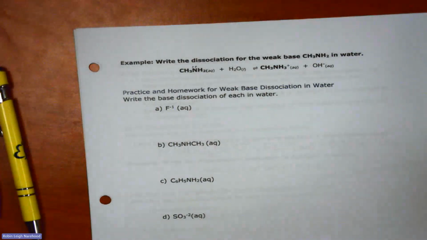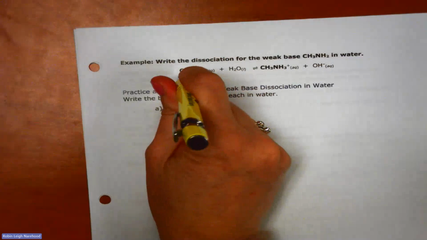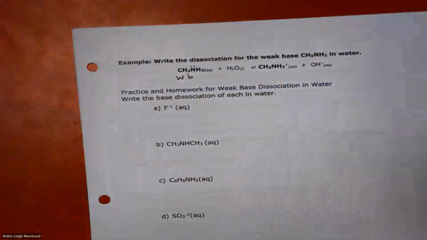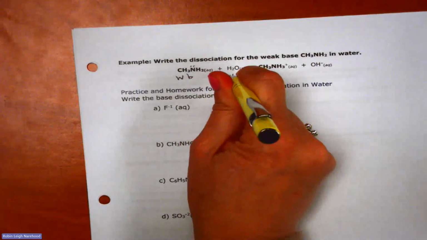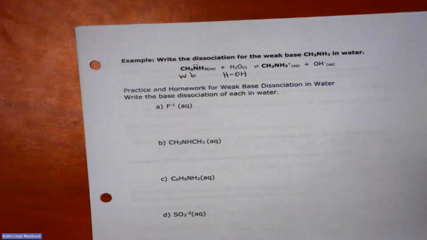That is where the hydrogen goes. So this is our weak base. I'm going to put WB for weak base. Water is actually HOH. Might help to realize it's not H2O, but HOH.